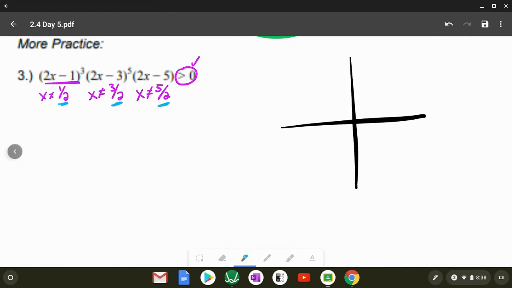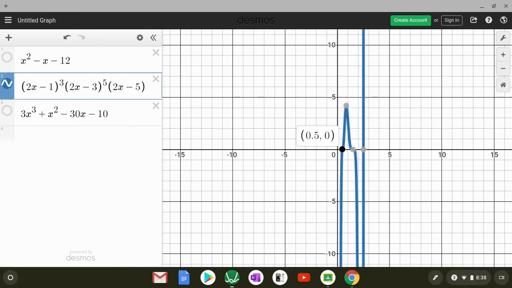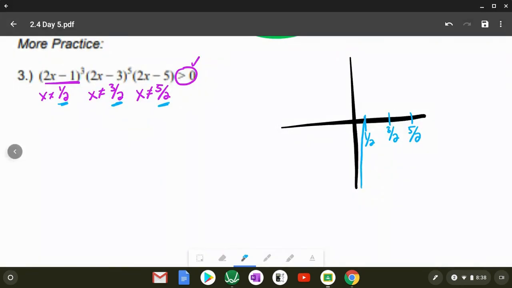So we have 1/2, we have 3/2, 1.5, and we have 5/2, which is 2.5. And looking at our graph, there's our 1/2, 3/2, 5/2. So this is the general sketch that we have. It goes up, down, up.